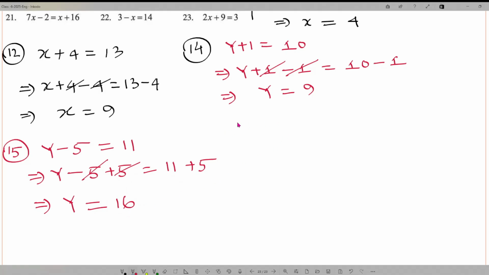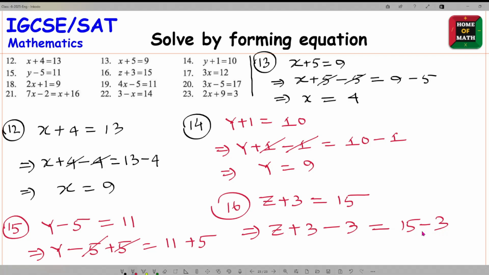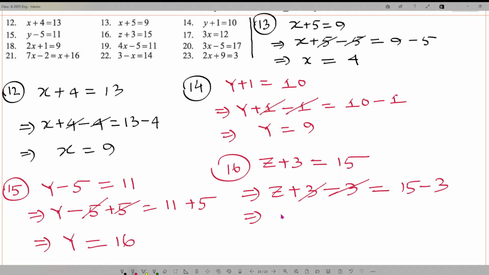Okay, then number 16, what is the question? z plus 3 equals 15. Then we subtract 3 from both sides, and 15 minus 3, so plus 3 minus 3 cancel out, here z equals 12.